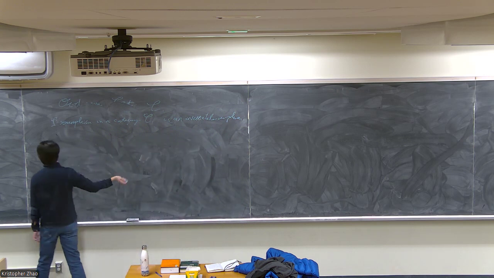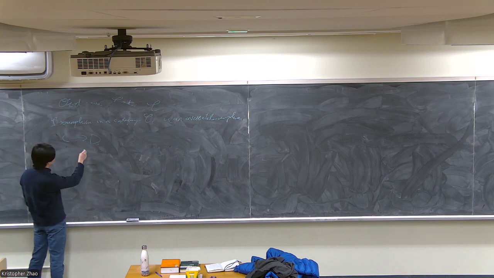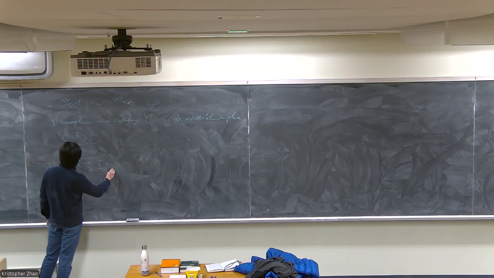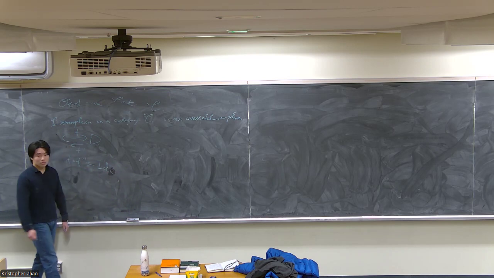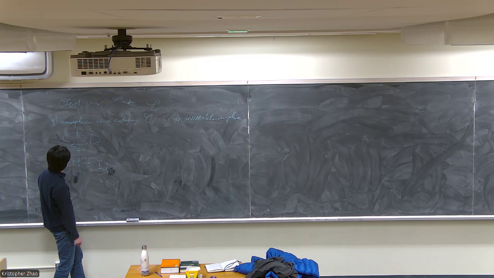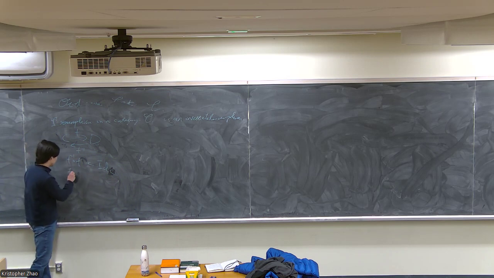A morphism, as we've seen, is just an arrow with a source and target, and an isomorphism is an F with an inverse F inverse, such that F composed with F inverse is the identity. Actually, it's on D first, F inverse and F. It doesn't matter, just a matter of order.